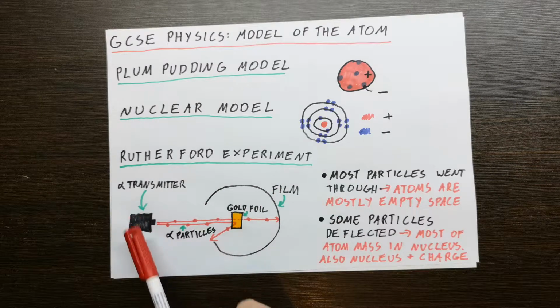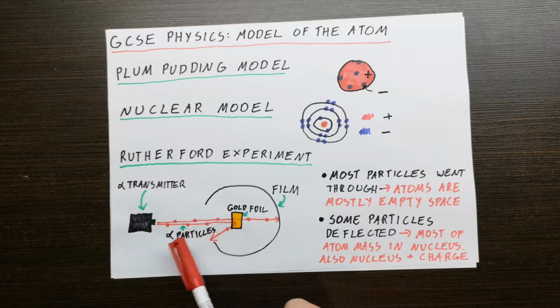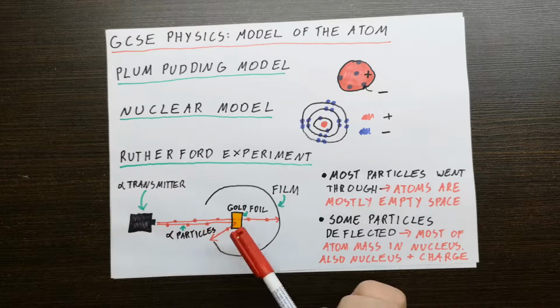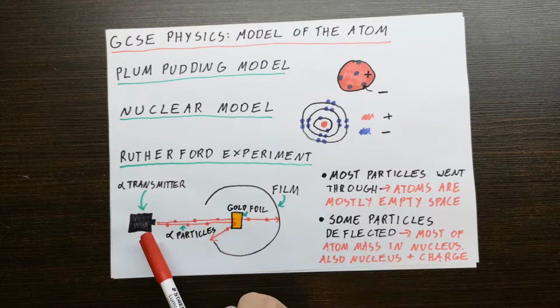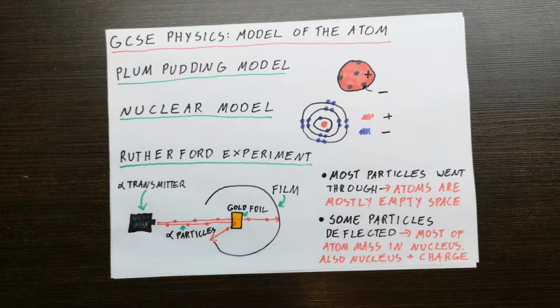The transmitter is shooting alpha particles, and the particles either go through the golden foil or they get deflected. When they hit the film, when you develop the film, you will see where the alpha particle hit.